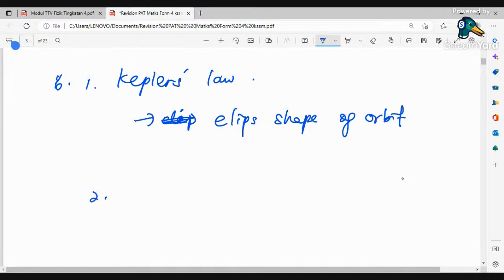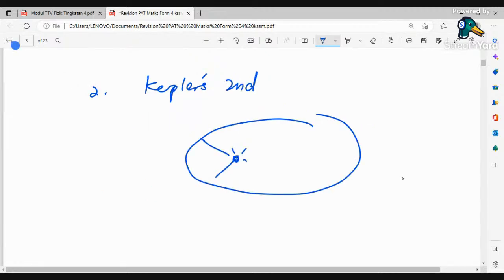And then we have Kepler's second law. Kepler's second law states that the sun is the focus.